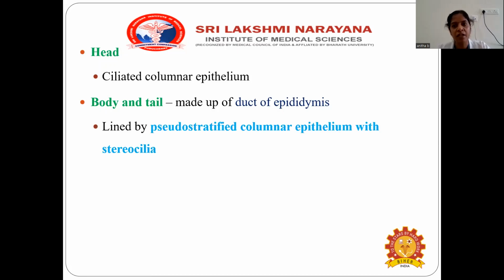That will be lined by pseudostratified columnar epithelium with a special feature, the stereocilia. They are long ciliary processes. They are non-motile. So what is the lining epithelium in the head? That is ciliated columnar epithelium. In body and tail, there is pseudostratified columnar epithelium with stereocilia.